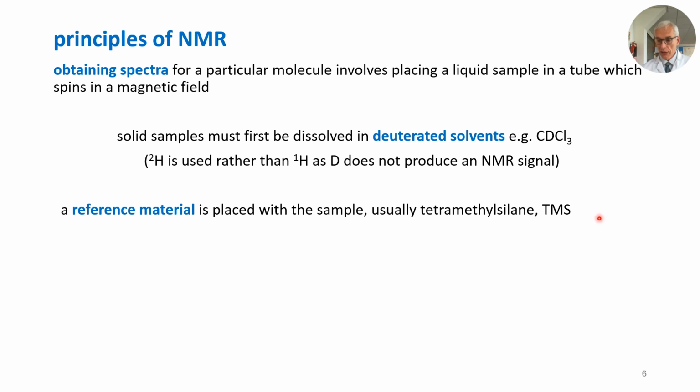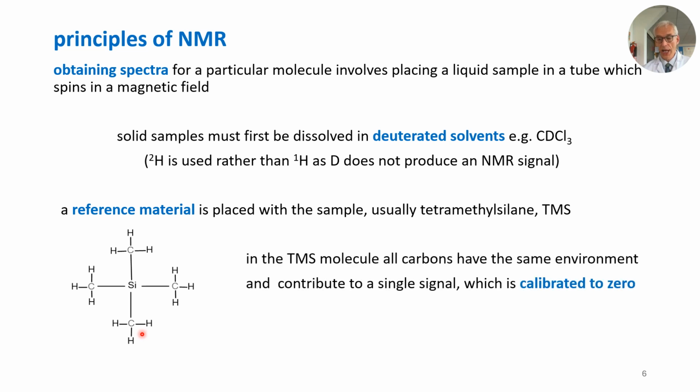How do we scale? Well, we use a reference material, tetramethylsilane. So here is tetramethylsilane, and you will see that the carbon environments are identical. So it's going to produce one signal, one absorption peak. Each carbon will contribute to that absorption peak, but it will have the same shift value.